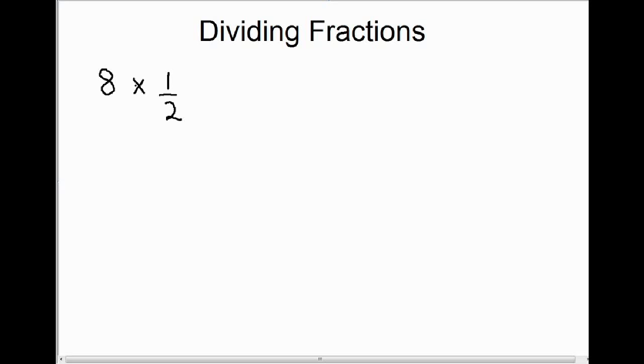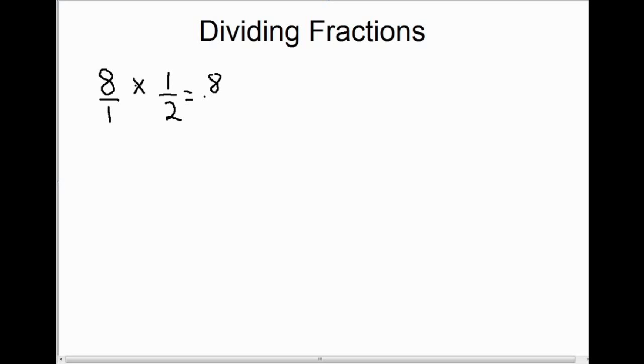As we talked about with multiplying fractions, in order to multiply fractions, we need to just have fractions in the question. So first I need to write 8 wholes as a fraction, which would be 8 over 1. And now with multiplying, we just multiply the numerators and multiply the denominators. We could reduce in this question first if we wanted to, but I'm going to reduce the answer instead.